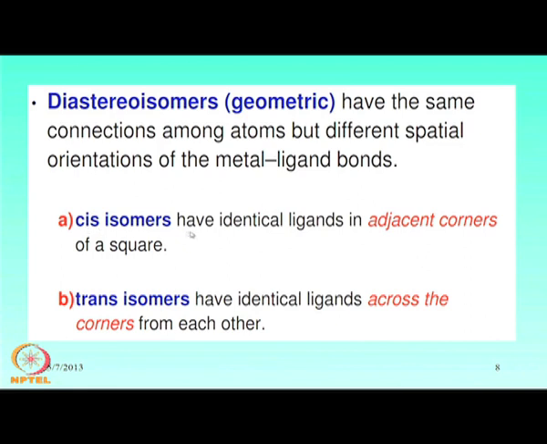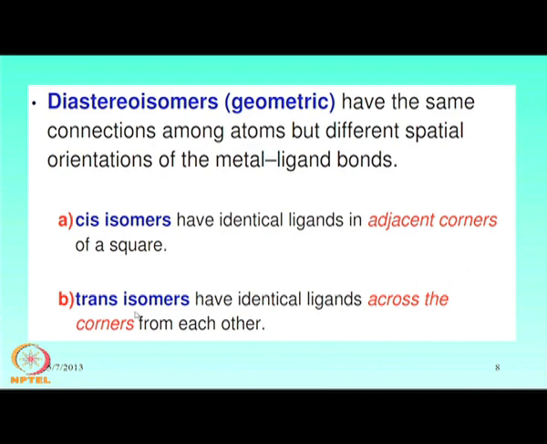In case of cis isomers, we have identical ligands in adjacent corners of a square. So, in a square arrangement, adjacent corners, not diagonally opposite, take two similar or identical ligands, and we utilize this as the cis isomer.